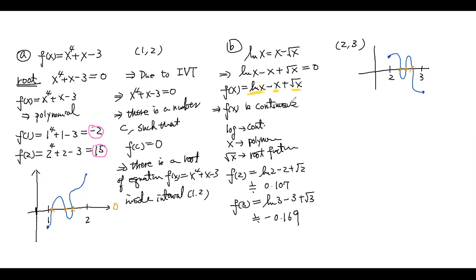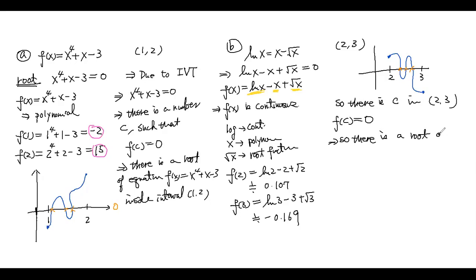It could be two c's or three c's, but I know I can find one. So there is a c in the interval [2, 3] such that f(c) equals 0.